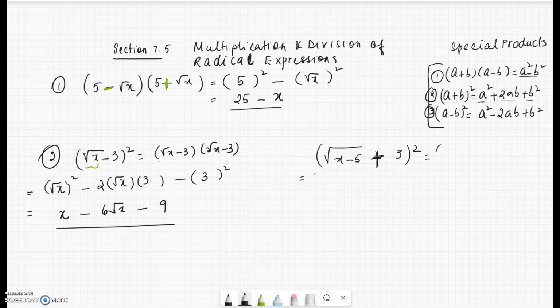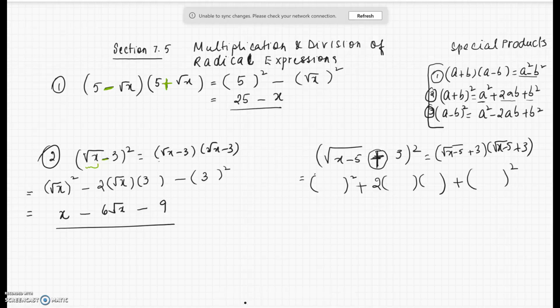If I had to do the long multiplication, this is what I'd be doing: radical x minus 5 plus 3 times radical x minus 5 plus 3. It's repeated multiplication. So I'm going to square the first, plus, because that's a plus, twice the product of the two, plus square the second.